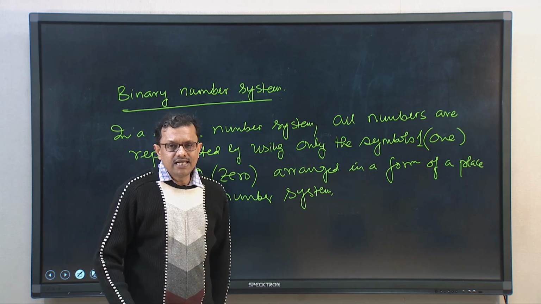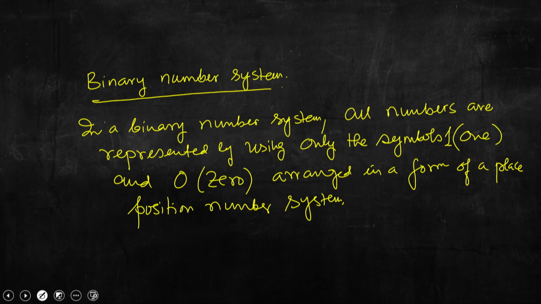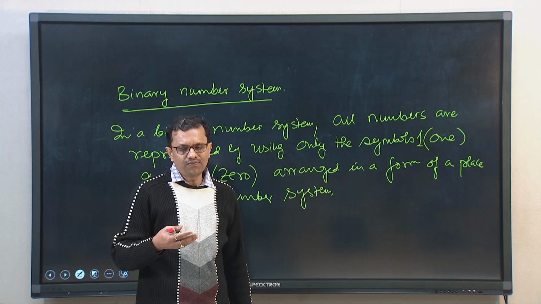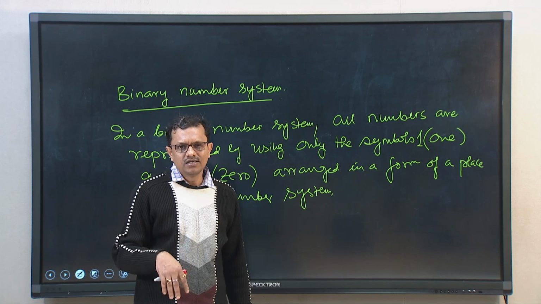In an electronic digital circuit, these symbols can be represented in a transistor by switch off and on, that is cut off and saturation level.